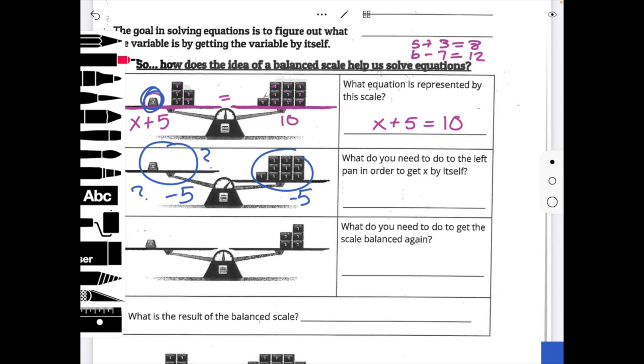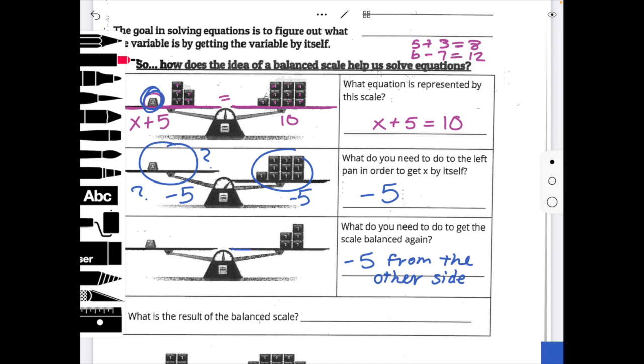So what do we need to do to the left pan in order to get x by itself? We subtracted 5, which means we are going to balance the scale by subtracting 5 from the other side. They also call it a pan.